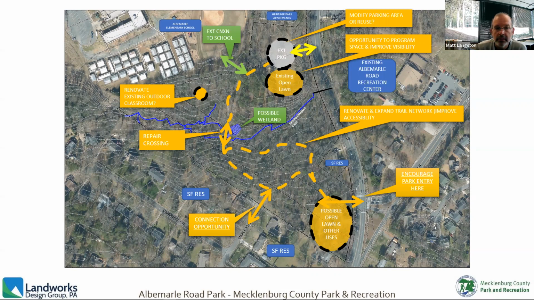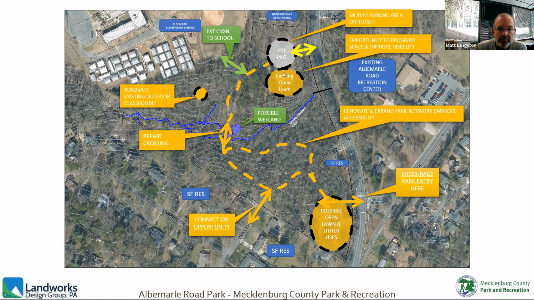They're intended to be walked to from the neighborhoods, but acknowledging the challenges of Harris Boulevard cutting off a portion of the vicinity from good pedestrian access, we're contemplating what to do with this parking. Can we modify the parking area to introduce some other uses, or do some things to improve its safety and access?